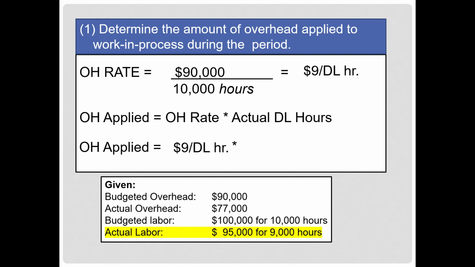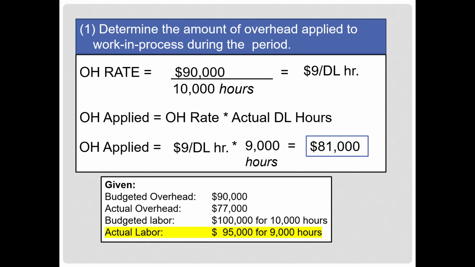Since our rate is per labor hour, we need to multiply by labor hours, and it is the actual activity here, and it totals $81,000. Now, what you want to notice is that this overhead applied is an estimate, but it is an estimate that reflects what it should have been given actual activity.